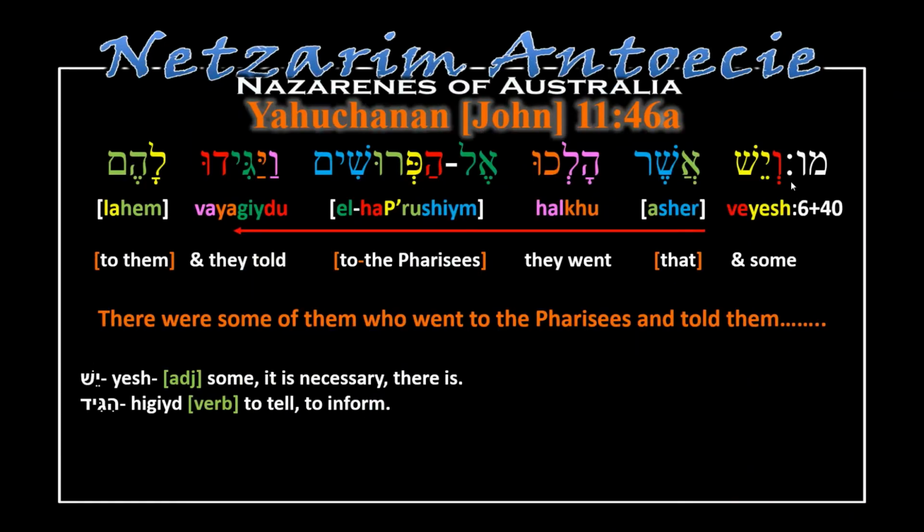All right, now we're turning to 46, which of course is the mem again, and a vav, which has a value of 6. And then we have the letters. Vav, yod, shin, aleph, shin, resh, hey, lamed, kaf, vav, aleph, lamed, hey, pei, because it has a dot, resh, vav, shin, yod, mem sofit, vav, yod, gimel, yod, dalet, vav, lamed, hey, mem sofit.